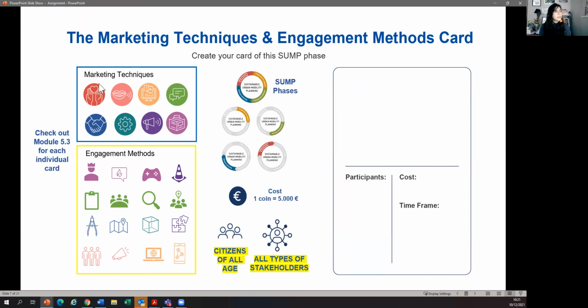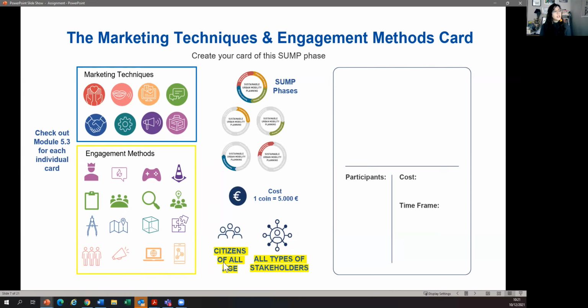You will select the marketing techniques in the blue box, all of the icons identified in module 5.3, the engagement methods in the yellow box. You will need to indicate which of the SUMP phases this card is related to, and the cost of all the methods selected. One coin equals 5,000 euros out of the 90,000.